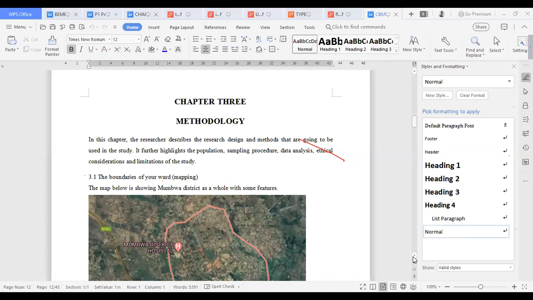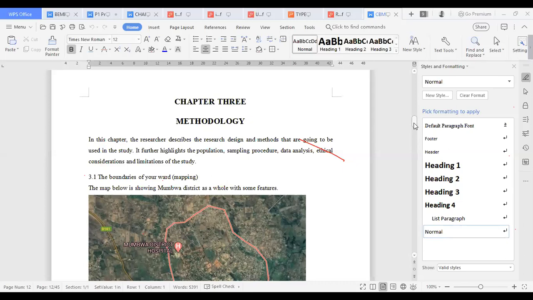It further highlights the population, sampling procedure, data analysis, the ethical considerations, and the limitations of the study. On this one, we're trying to evaluate the education system in Mumbwa district. So this is our methodology.